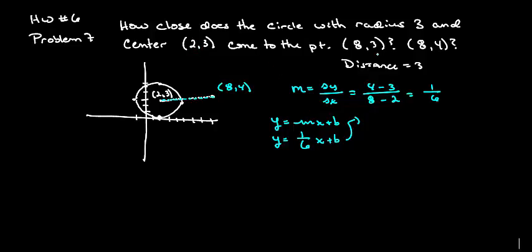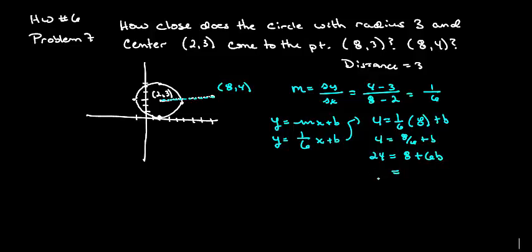So we're going to take either the point 2, 3 or 8, 4. Doesn't matter which one you pick. I'll use 8, 4. Okay, so 4 goes on this side. 1/6 times 8 plus b. So 4 is equal to 8/6 plus b. If you multiply everything by 6, you get 24 is equal to 8 plus 6b.